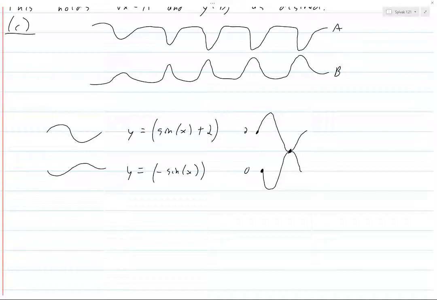So maybe x over 1 plus x, or something like this. Let's think about this. So as x grows, this will always be less than 1 because the denominator is bigger.